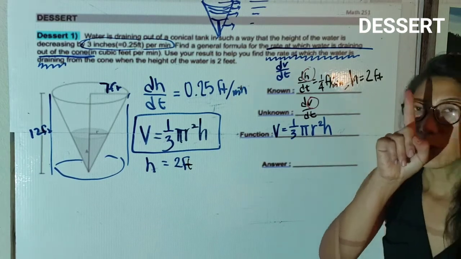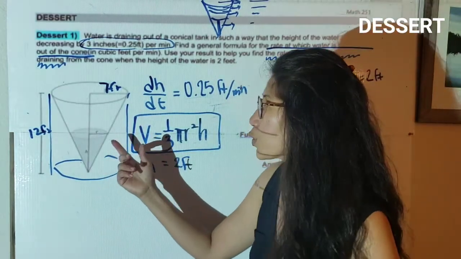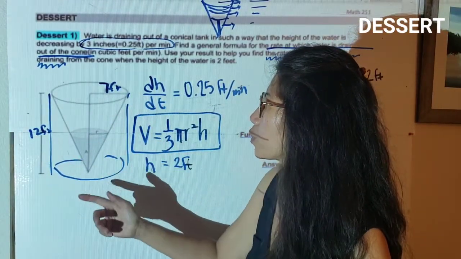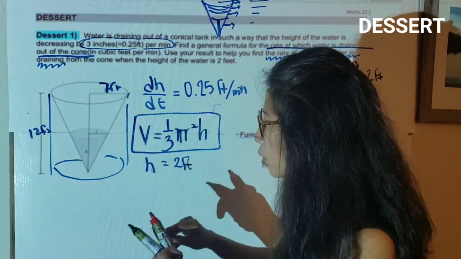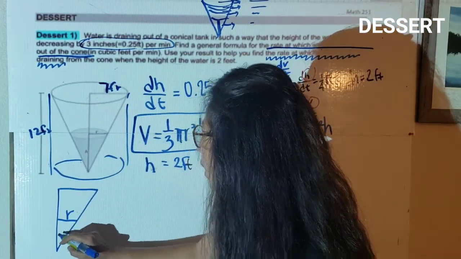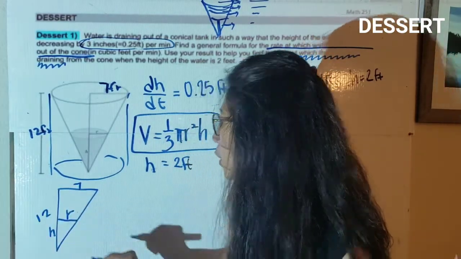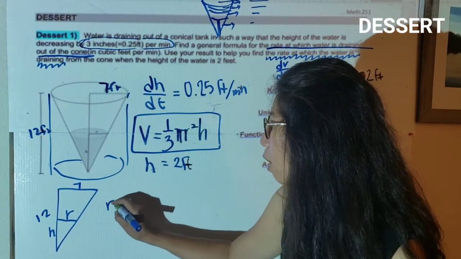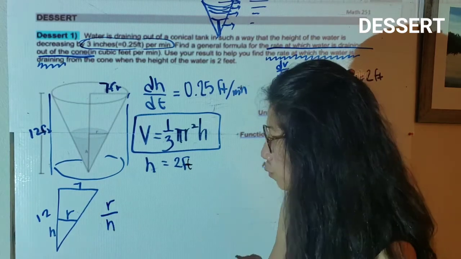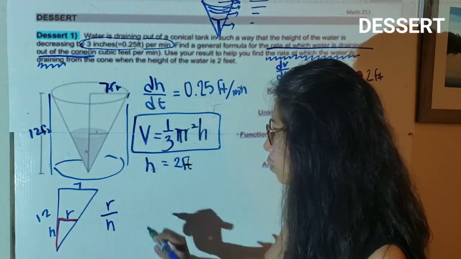There's one part you didn't notice because they gave me the shape, the relationship between the triangle here. If you see there is a triangle, the relationship between R and H is a 7/12 relationship. Okay, one more time. R over H is proportional to 7/12.